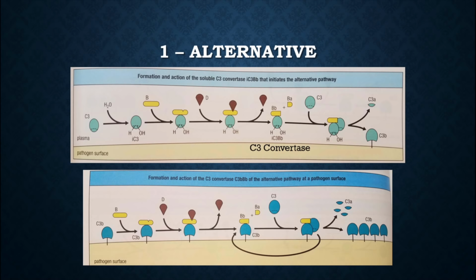Within the blood, we have C3, complement 3, circulating throughout the blood. It can randomly be hydrolyzed to iC3, and from there, it can then interact with protein B. Protein B can be activated by protein D, and create this complex of C3bBb.